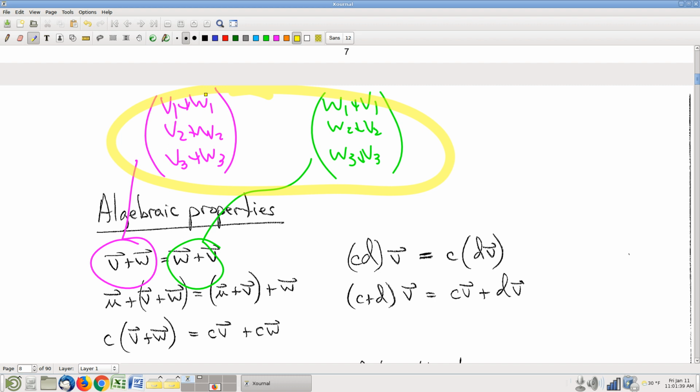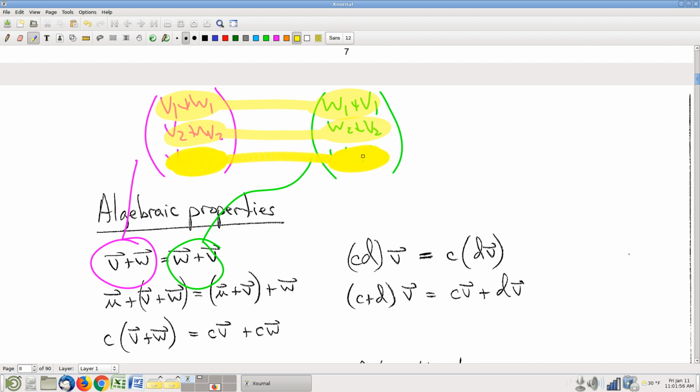Okay. Well, two ordered triples are equal to each other if and only if each of the individual numbers are equal. So now what I've got it down to is I just have to confirm that that's equal to that, and that that is equal to that, and that that is equal to that. Now, how do I know that those three things are equal as paired there?